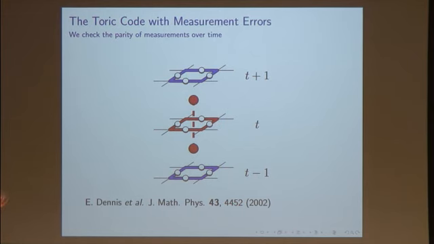Let's suppose there were no errors near these qubits. Because this has given me the wrong outcome, the parity between the measurement at time t minus 1 and time t will be -1. So we can effectively think of this as the endpoint of a string that runs vertically. And the other endpoint will appear when we look at the parity between the measurement outcome at time t plus 1 and time t. So effectively what we have is a string of measurement errors that run vertically in time.